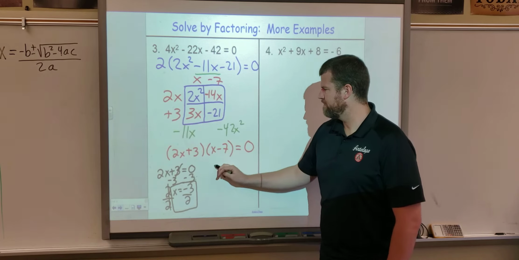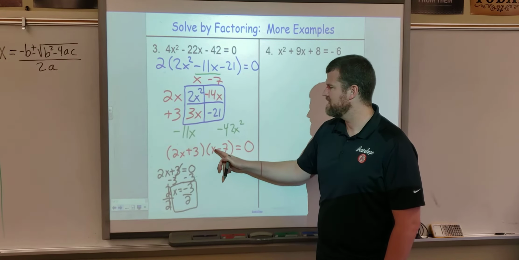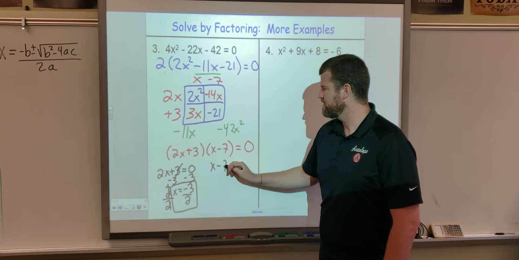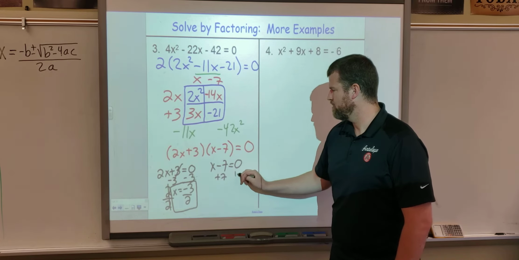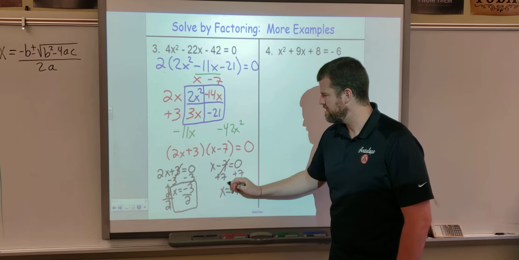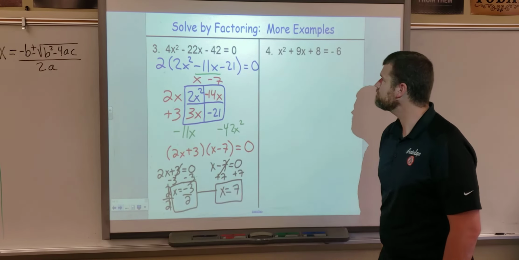And then with our second factor, you might be able to recognize this one pretty quick. It's positive 7, right? Because 7 minus 7 is 0. But if we show our work, we just set the factor equal to 0, add 7 on both sides, and x equals 7. So again, two solutions.